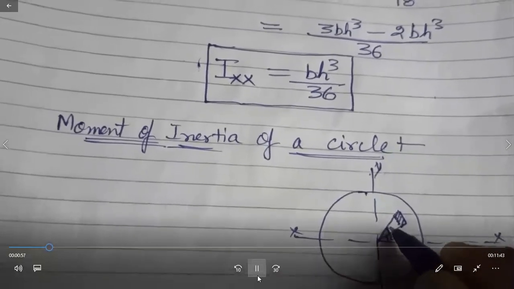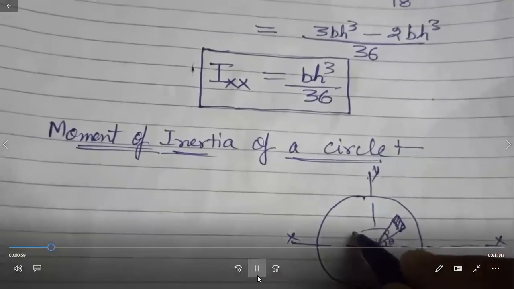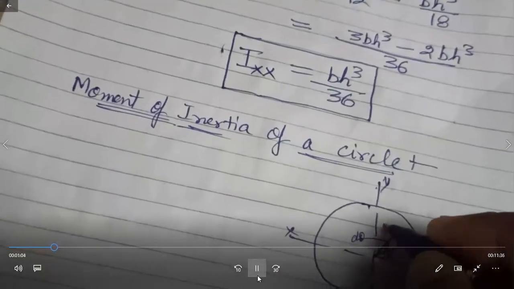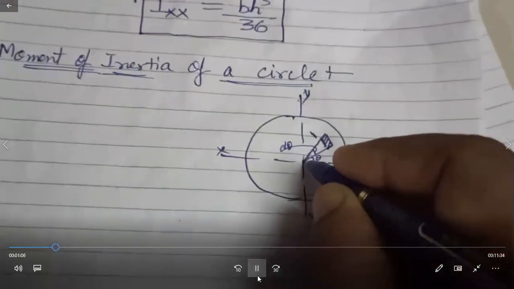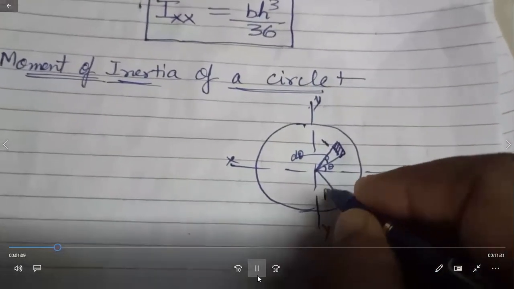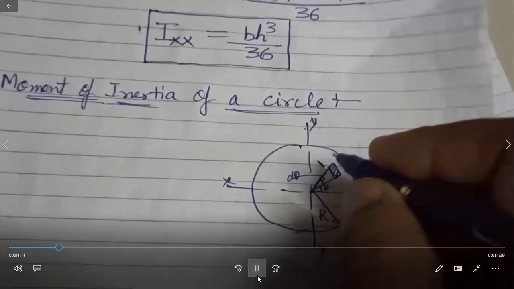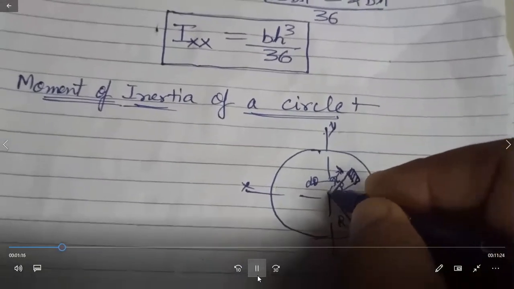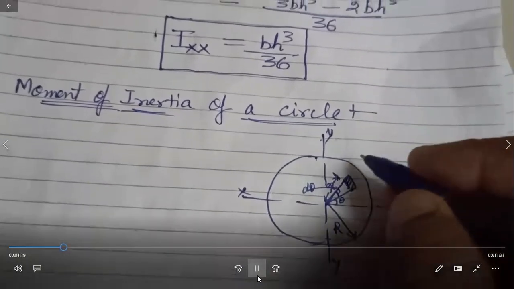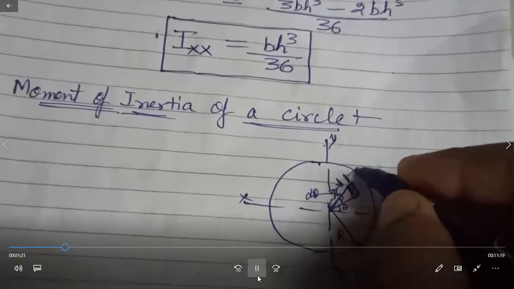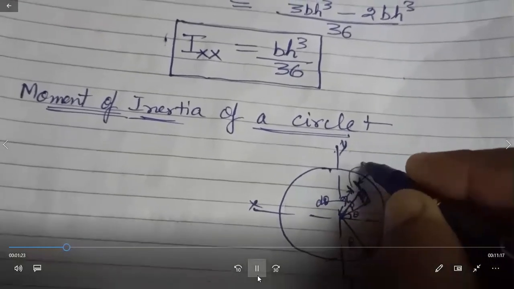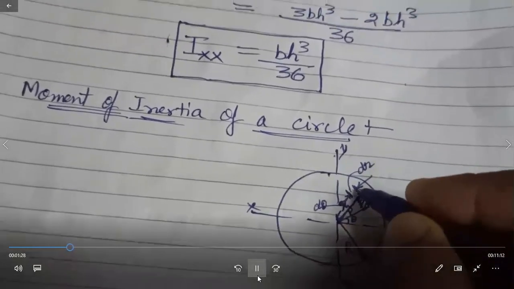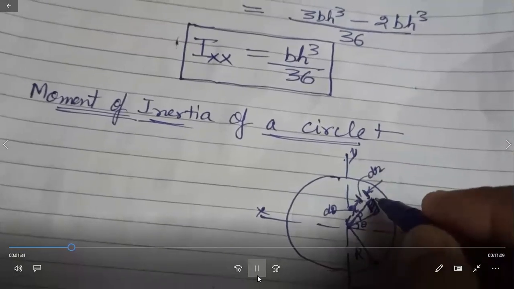So this elemental area is, this angle is theta and this is d theta, and the radius of the circle is capital R, and this is at a small r distance, and the thickness, this thickness is dr. So at a radius small r, dr thickness is taken.